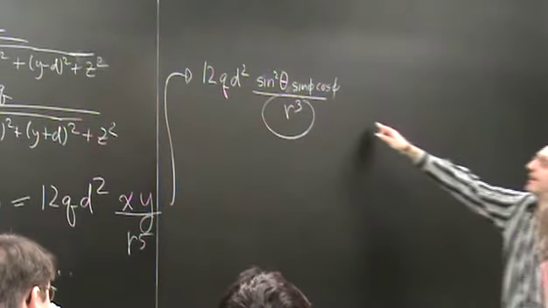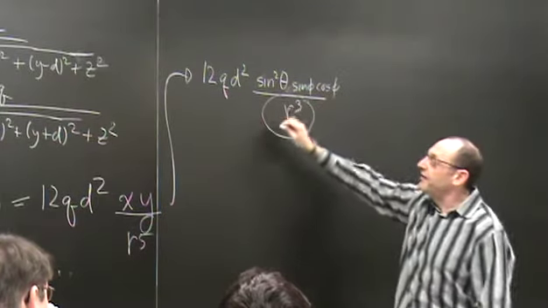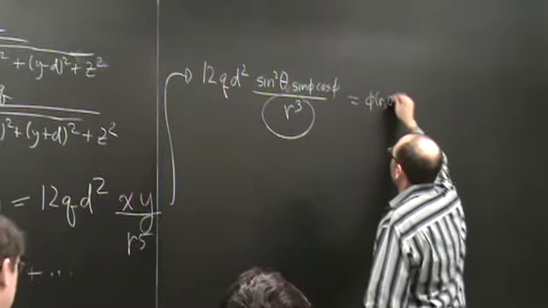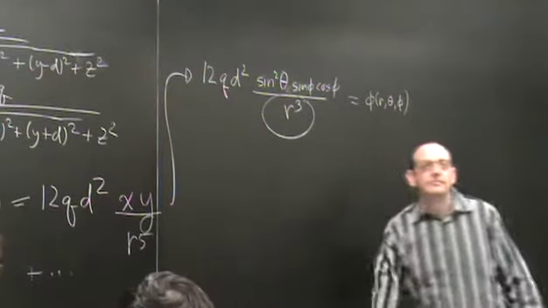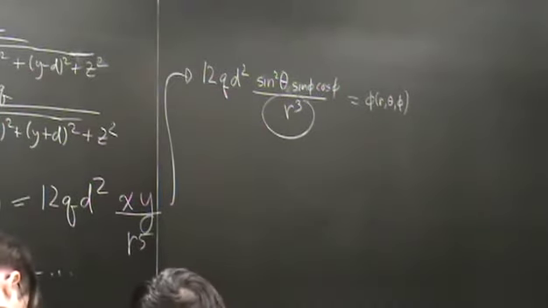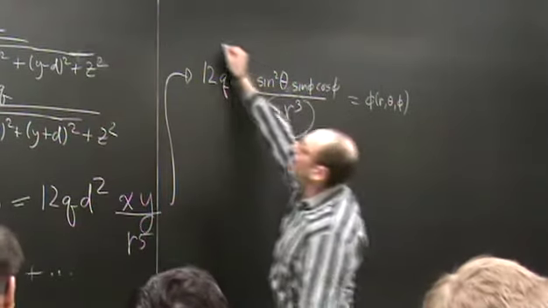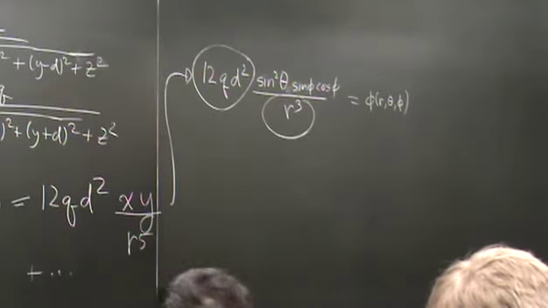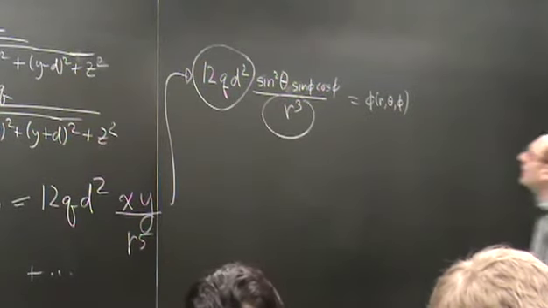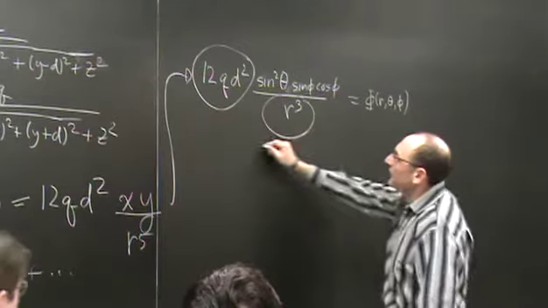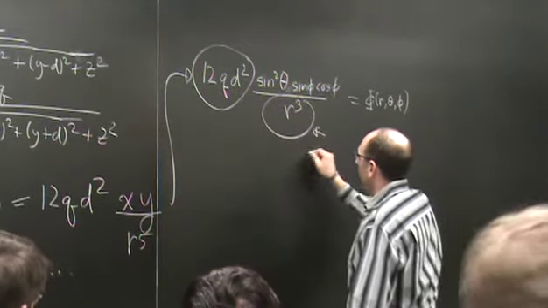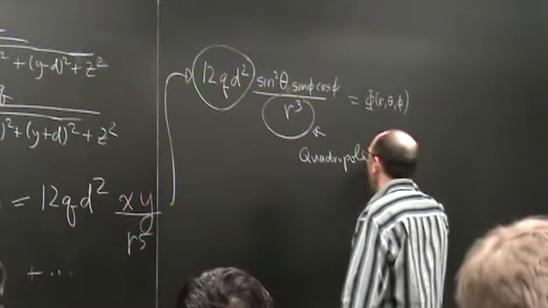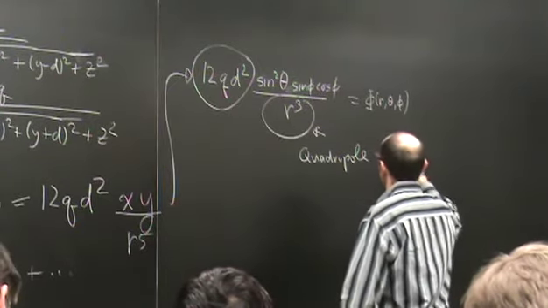It's not isotropic. Remember, r, theta, and phi here are the coordinates of the point of observation. This is saying something about how the charge is distributed in space. And this dependence is characteristic of what we call a quadrupole potential.